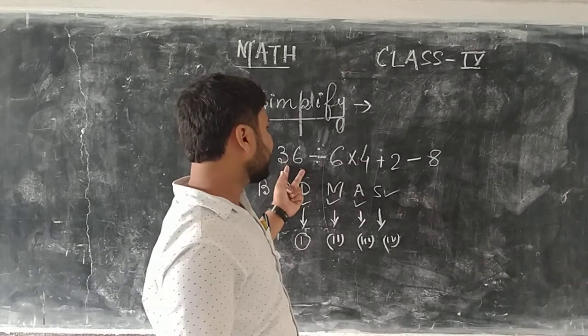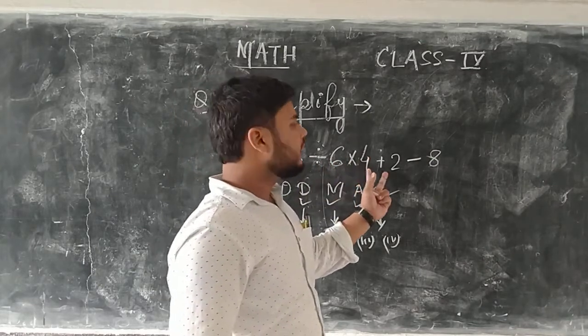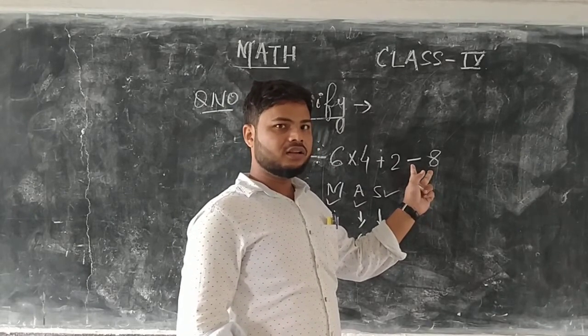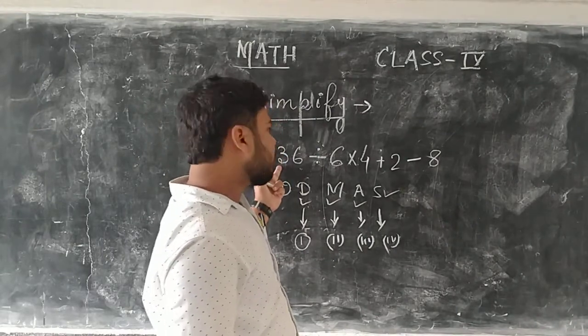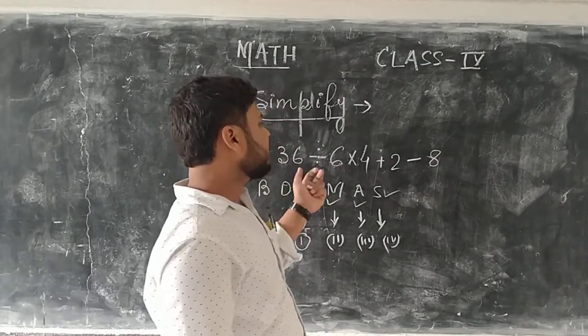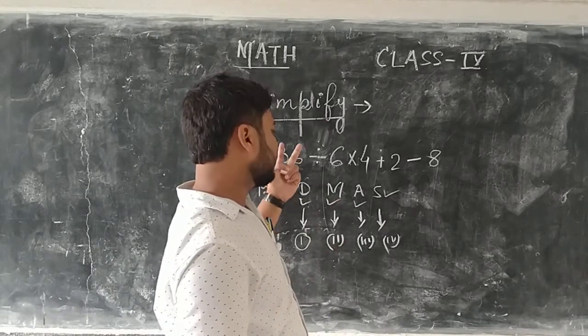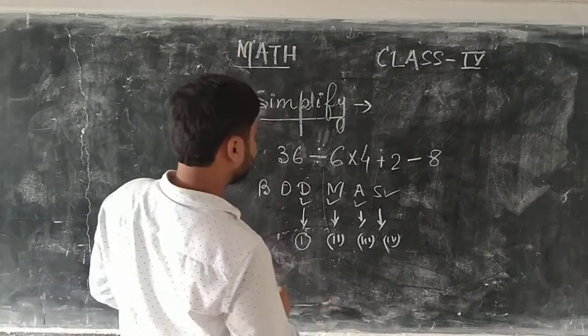We will divide first, after that multiply, after that add, then we will subtract at last. Clear? If a question has many operations at a time, this is how we simplify it. Now, the first work is division.